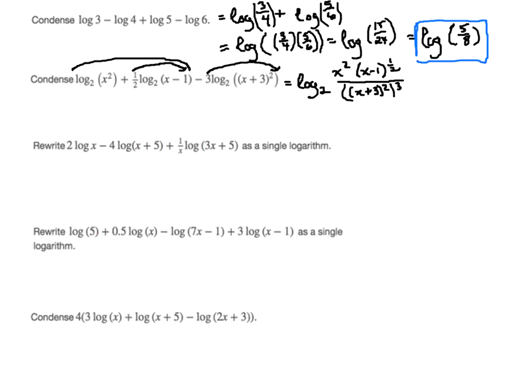So I've got it all packed into one log, but I need to simplify this. So this is the same thing as log base 2 of x squared times the square root of x minus 1 over x plus 3 to the 6th power.